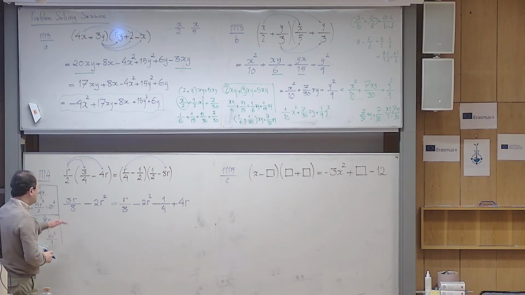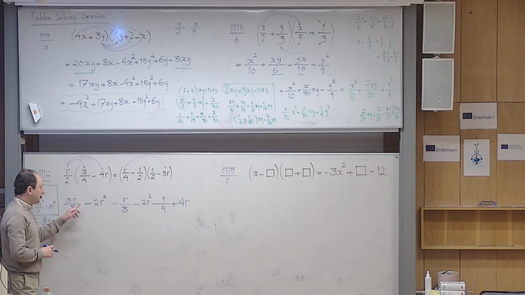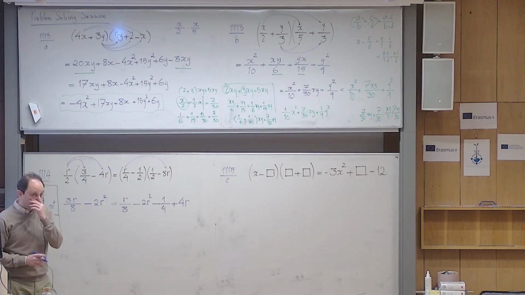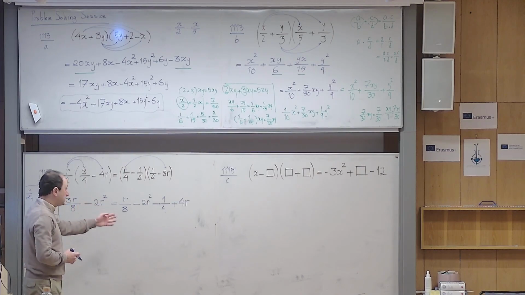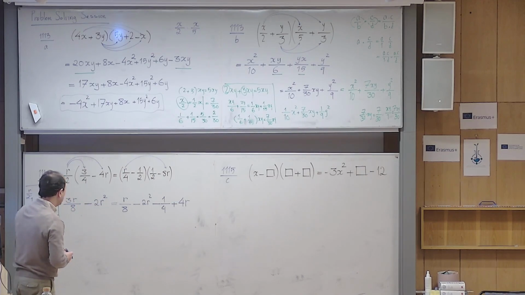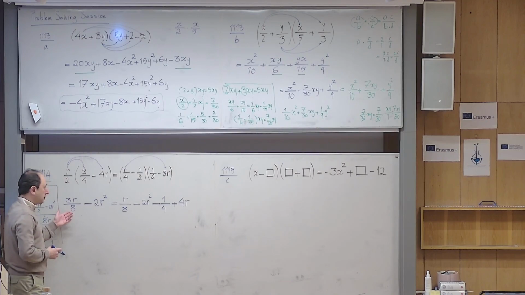Okay, but now do you remember in Math 3C, Math 1C, I told you that if you have an equation that contains a fraction, it is better to get rid of the fraction immediately by multiplying both sides by the same number that allows us to get rid of the fractions.